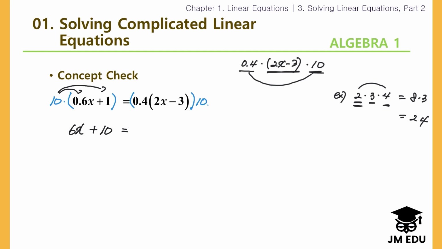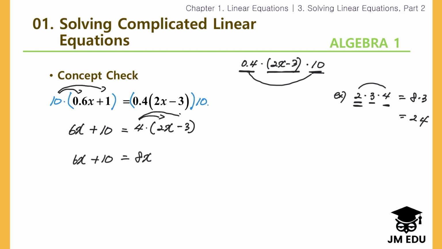So 10 times 0.4, that's a 4, right? So 4 multiplied by 2x minus 3. Does that make sense? Okay, we have 6x plus 10 is equal to 4 times 2x, that's 8x.